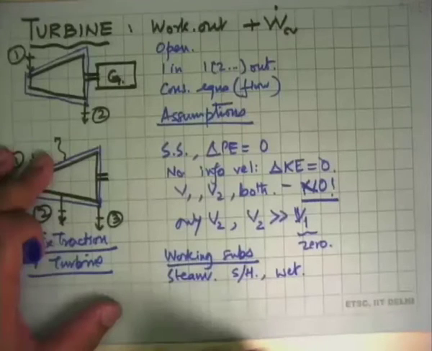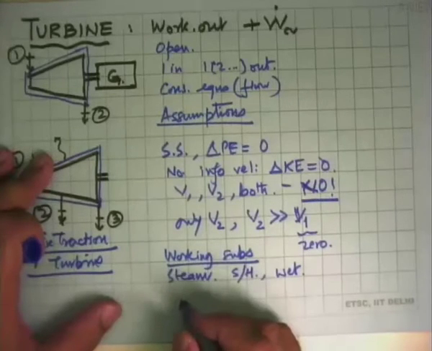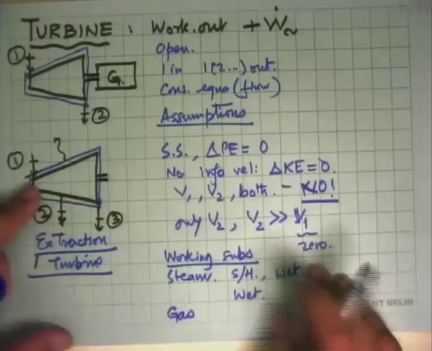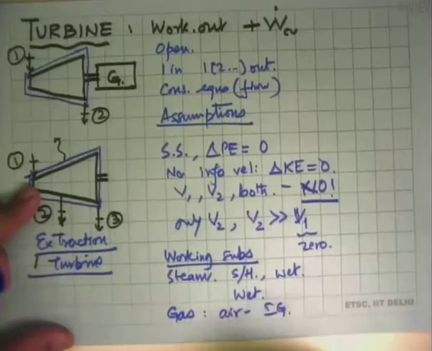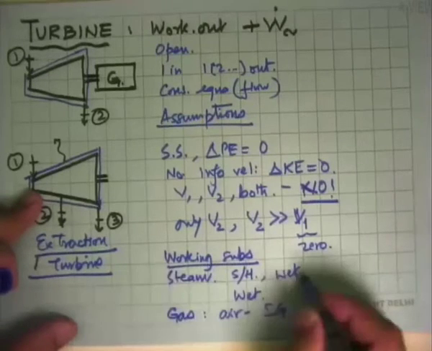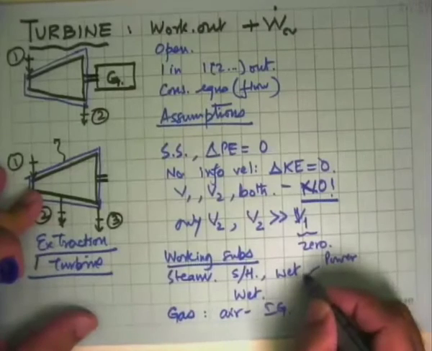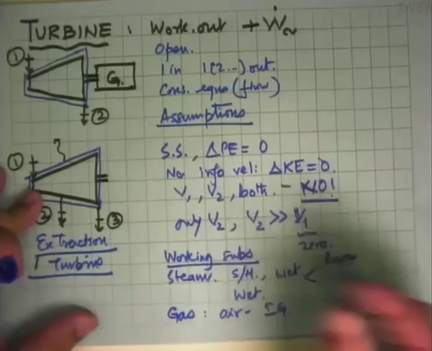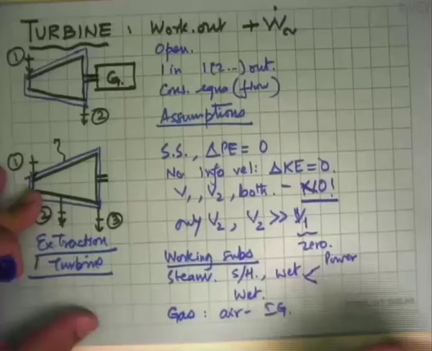In a nuclear power plant, the working substance is steam, and this, of course, we assume it to be an ideal gas. These steam turbines are used largely for power generation, and also in the case of ships and submarines for propulsion.